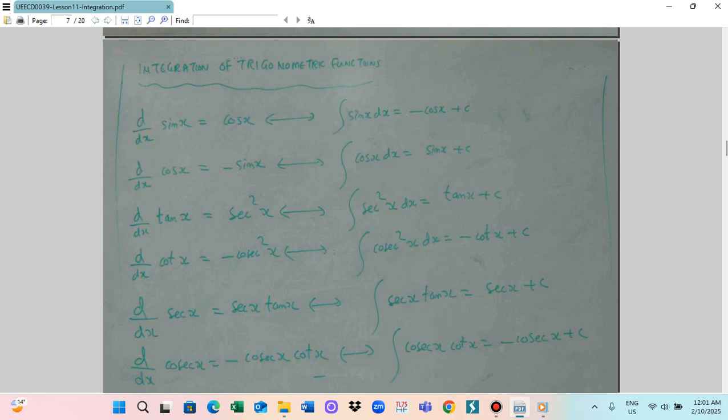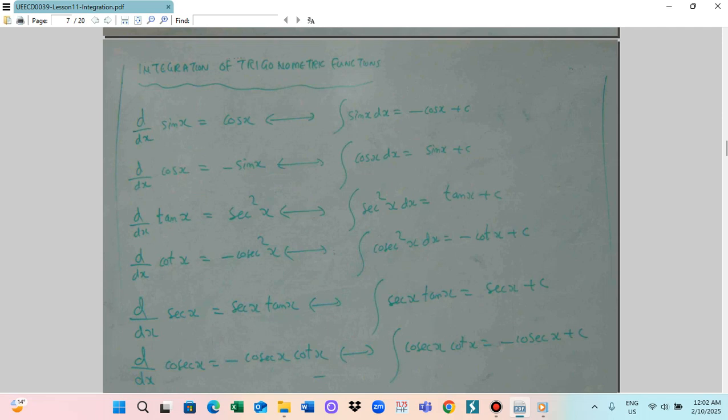And also d by dA of cotangent A is minus cosecant square A. This is the opposite here. Integration of cosecant square A dA is equal to minus cotangent A plus c.